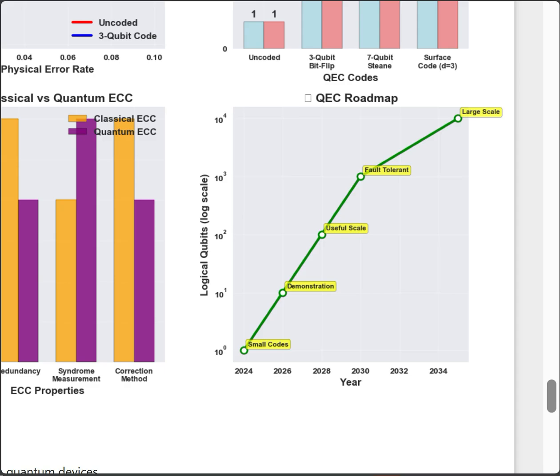But for being a useful scale, you need at least 100 logical qubits for real applications. And the amount of physical qubits needed for a logical qubit is going to depend also on your hardware capabilities. And for large scale, you need at least 10,000 logical qubits for universal quantum computing.